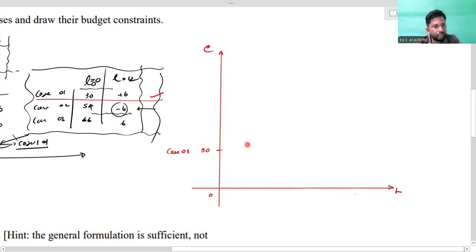So if L becomes 0 for case number 2, it starts from 54, something like that point. This is case 2. If you consider case number 3, it starts from 66. When the L value becomes 0, it starts from 66.